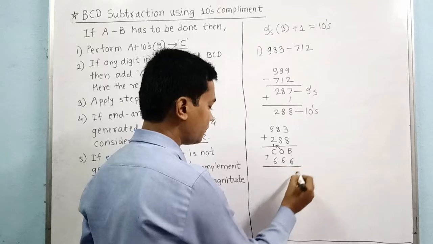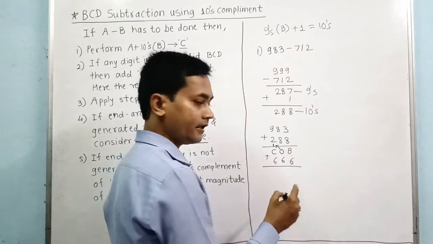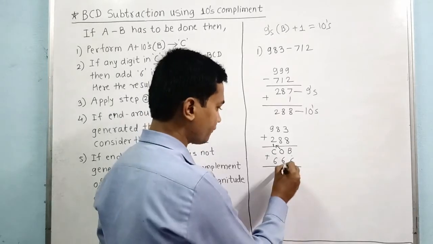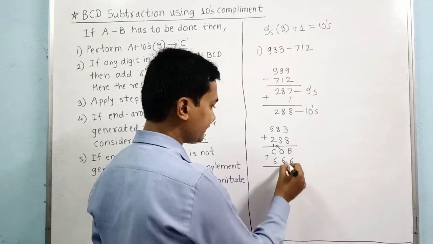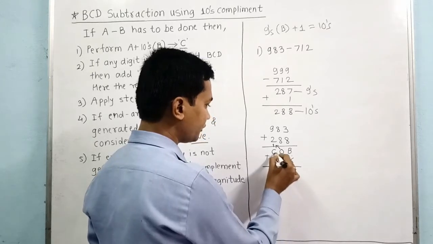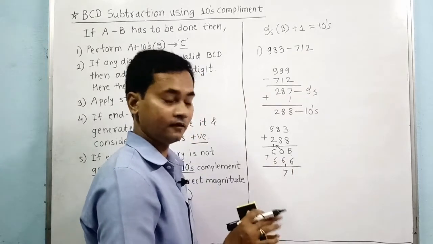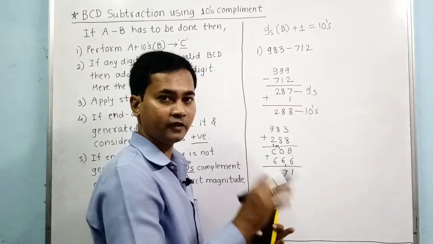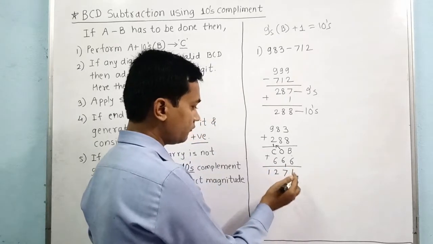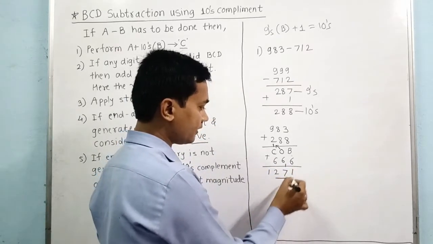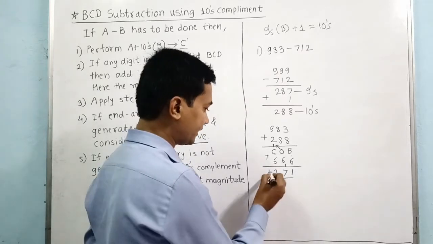Now perform the addition. 11 plus 6 is 17, and 17 in hexadecimal is 11. Then 6 plus 1 is 7. Then 12 plus 6 is 18 in decimal, and 18 in hexadecimal is 12. Now all these digits are in proper BCD format, so check whether the carry is generated.